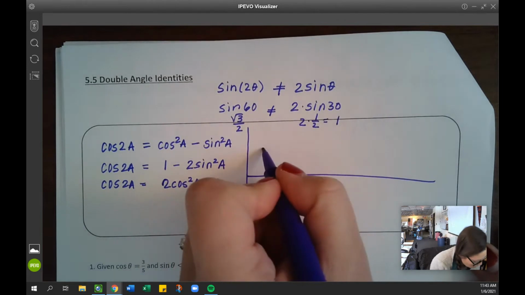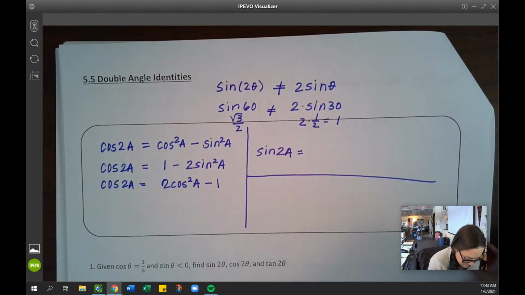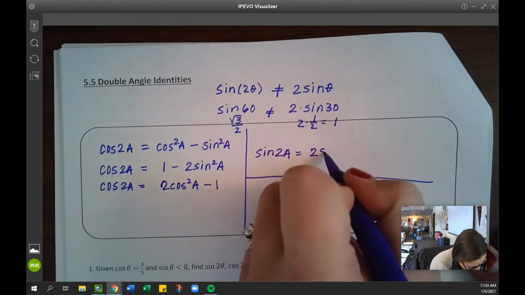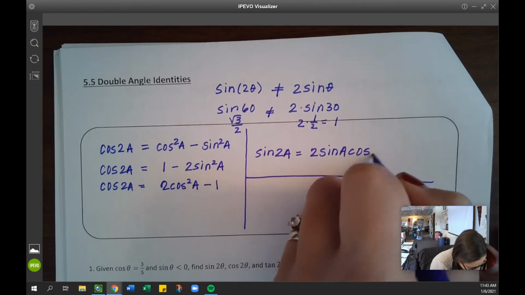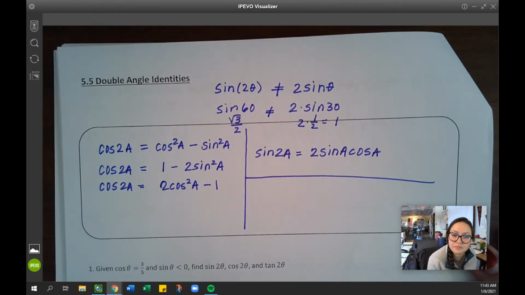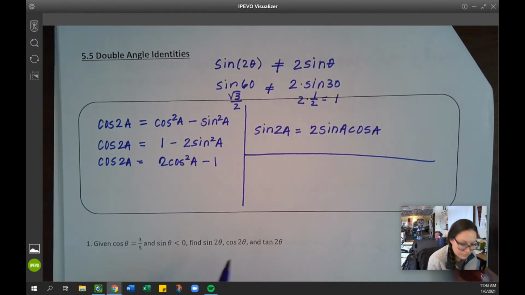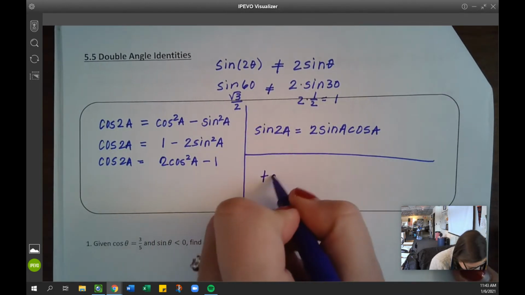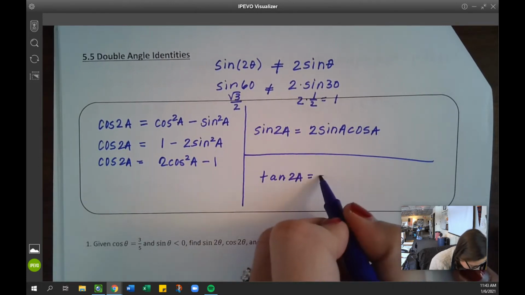All right, only one way to find sine of the double angle, and it is 2 times sine times cosine. Tangent, of course, tangent always has a complicated formula.